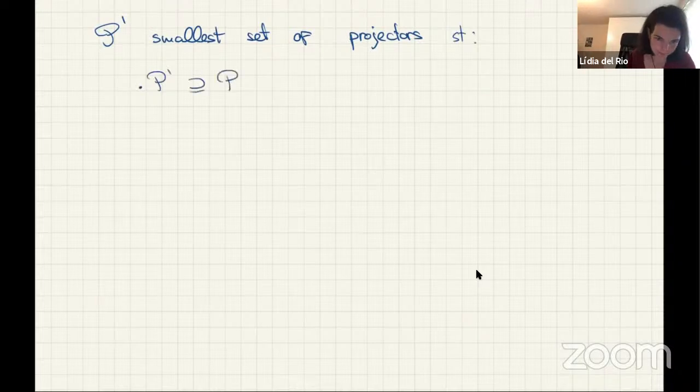Okay. If it has one projector, then it must have the one corresponding to not getting that outcome, getting the other outcome.